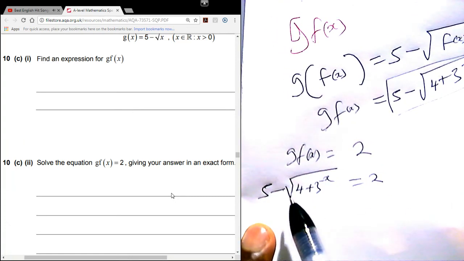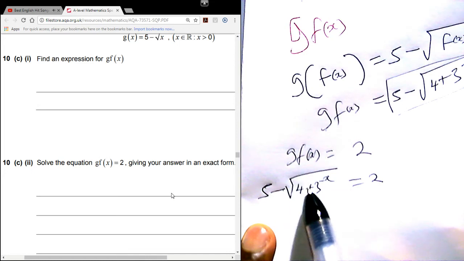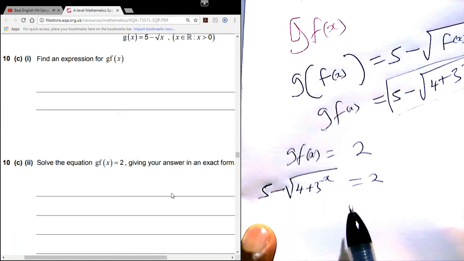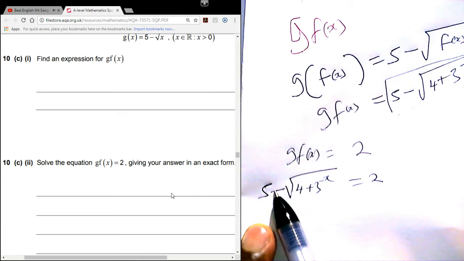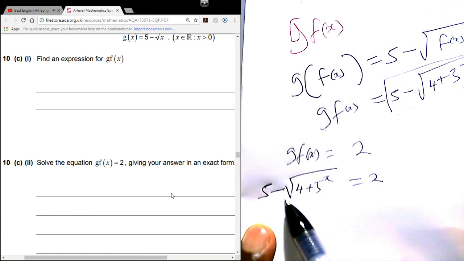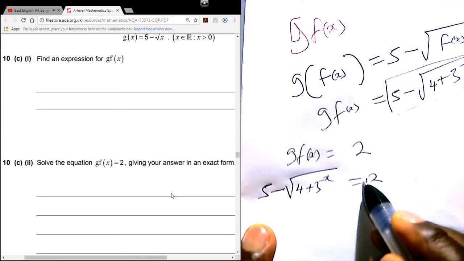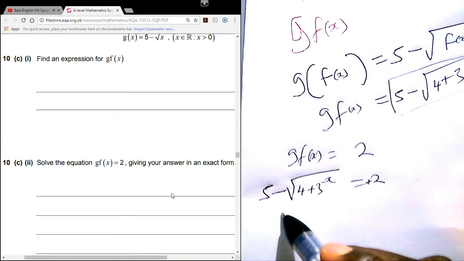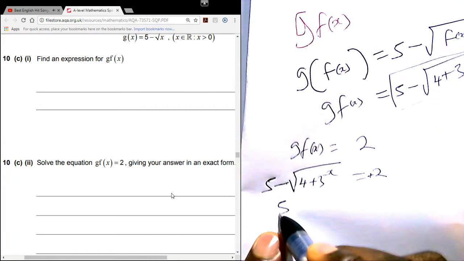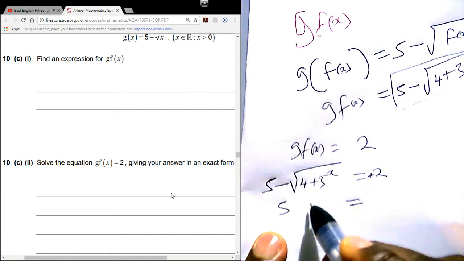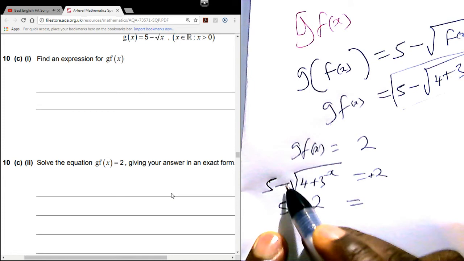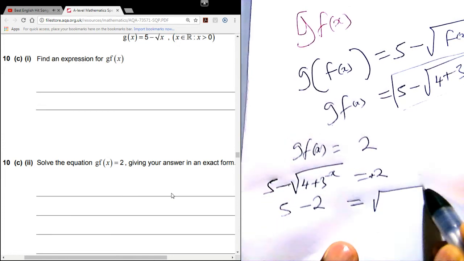So if I want to have this separated from all those other numbers, well, you know that this negative means that this guy, when it goes to the other side, becomes positive, right? And this one is a positive 2, so when it comes to the left hand side, it becomes negative. So that's just 5. The 2 comes here to become negative 2. The root sign goes to the other side to become positive of itself.